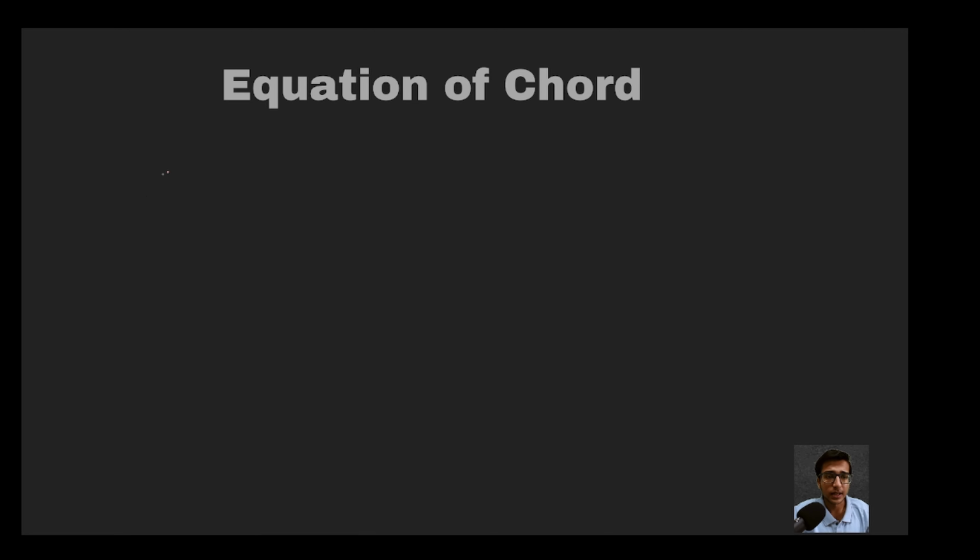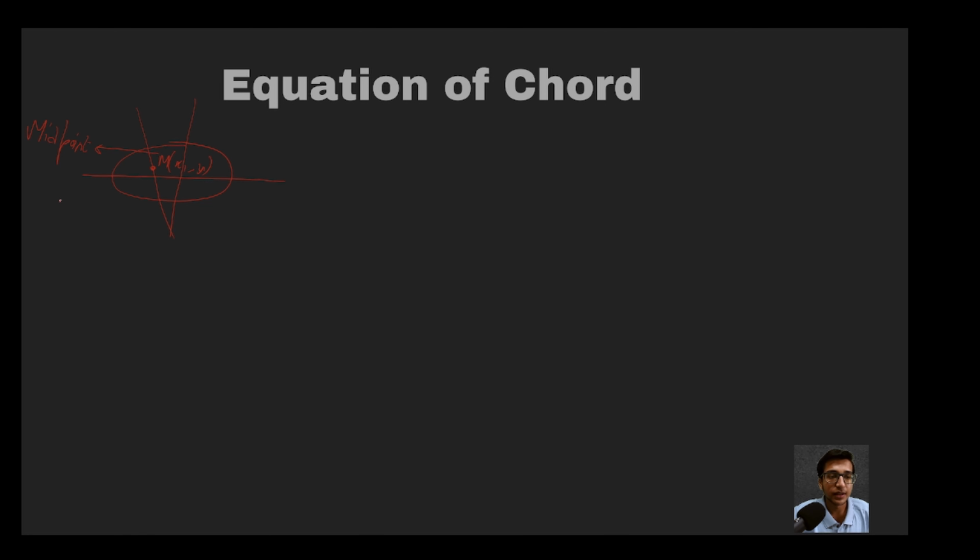Now let us study a little bit about the equation of chord. Again, there is nothing different here. Exactly the same concepts that we had studied in circle, and then in parabola, and now we are studying here. Let us say an ellipse has been given, there is a chord, and the midpoint of the chord is given, (x1, y1).